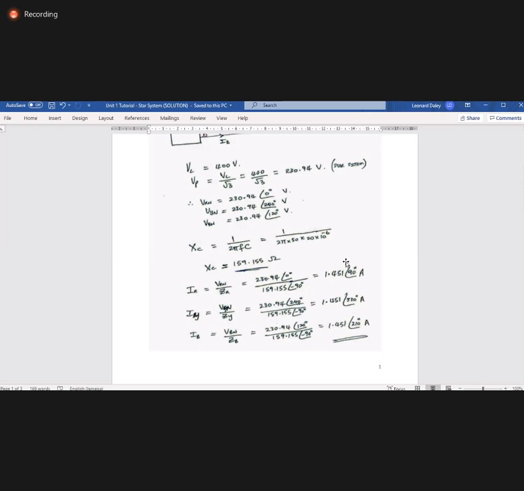You see what you have there, the 230.94 over the 159.155? I got the current for IR, but for the other two, I'm getting 0.577 for the magnitude. But it's the same voltage.